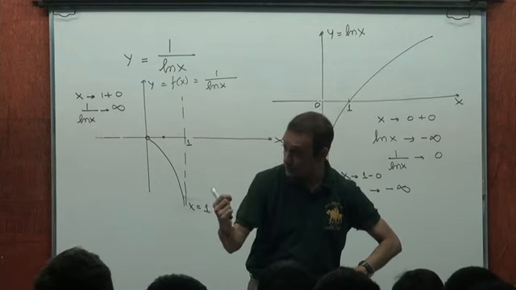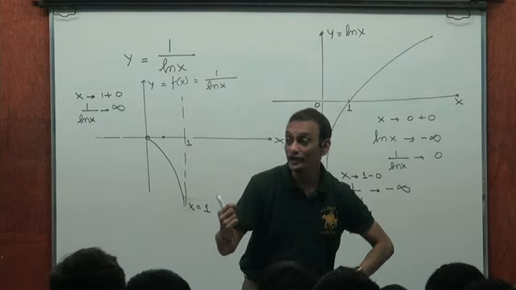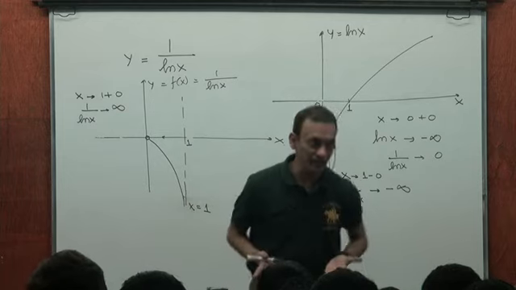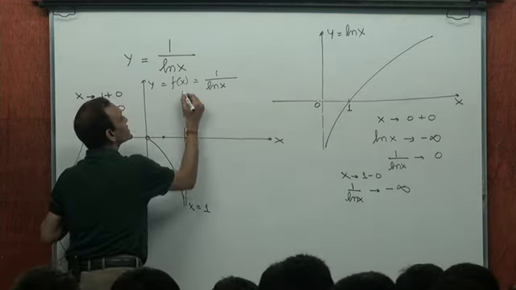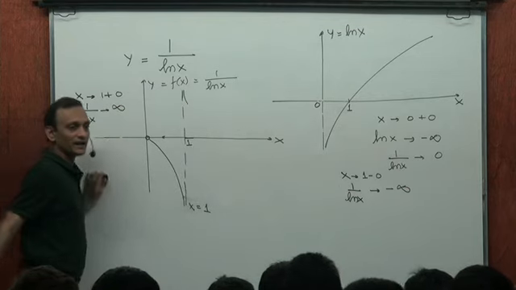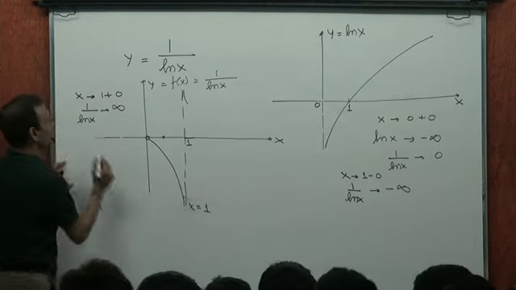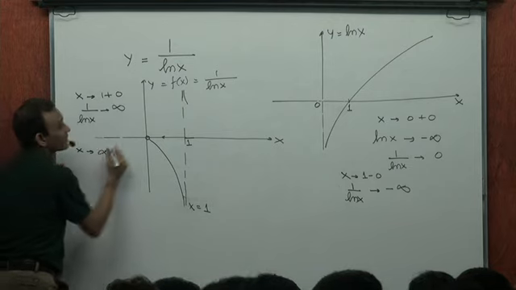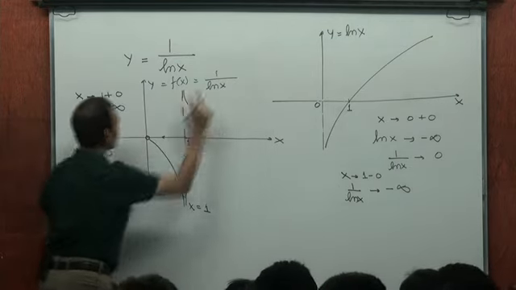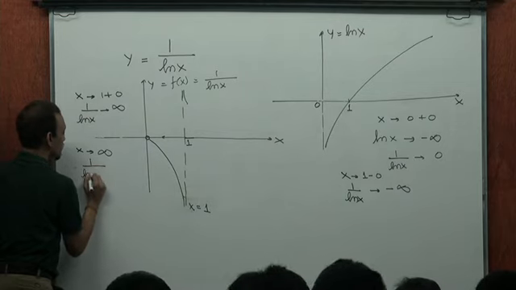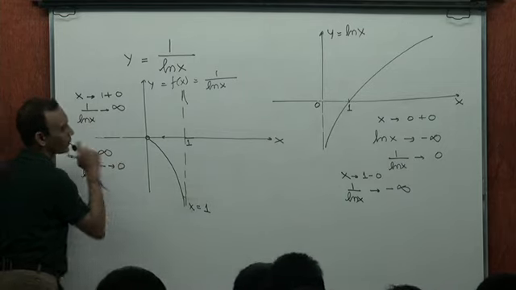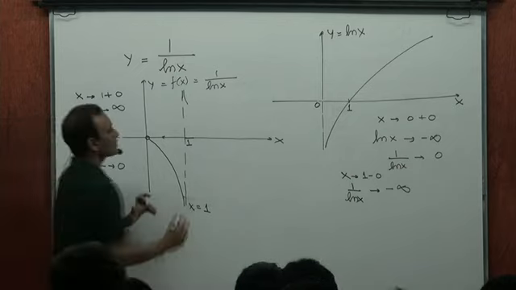So 1 by ln x would tend to plus infinity, right? So as x tends to 1 from the greater than 1 side, this tends to plus infinity, and as x tends to infinity, 1 by ln x would tend to 0, right?